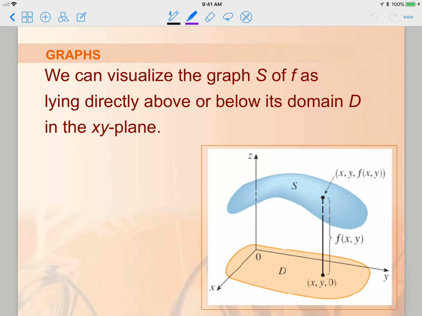So we can visualize the graph of a surface by plotting it like this. You go to your input, which would be x, y, and then based on z, which is the output, you determine how high or how low. If your z value, the output, is negative, then the point is below the xy plane.